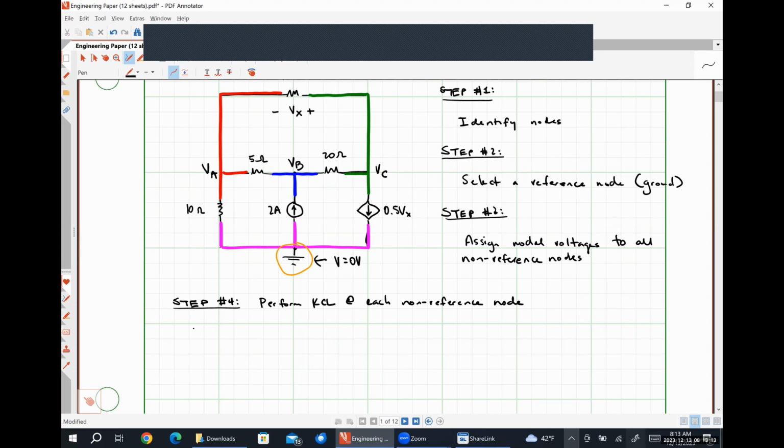So I will have a KCL equation at node A. Then I'll write another KCL equation at node B. And then finally a KCL equation at node C. And I will come up with a system of 3 equations and 3 unknowns.